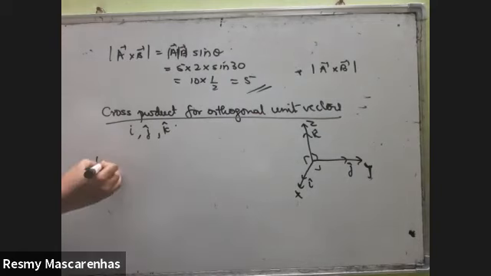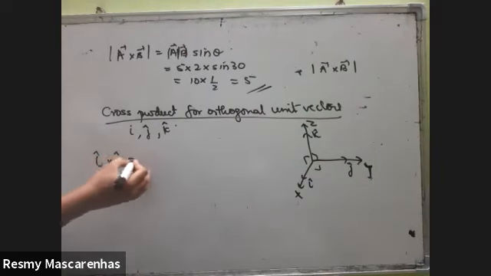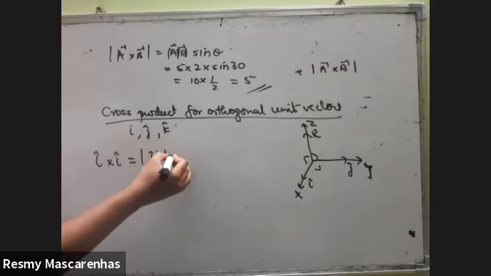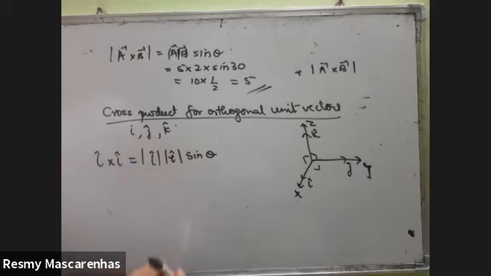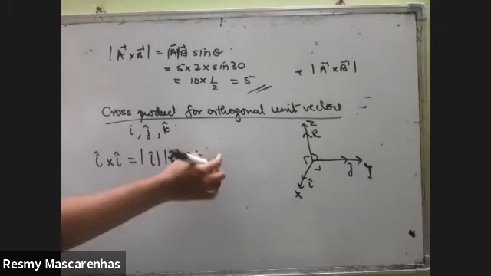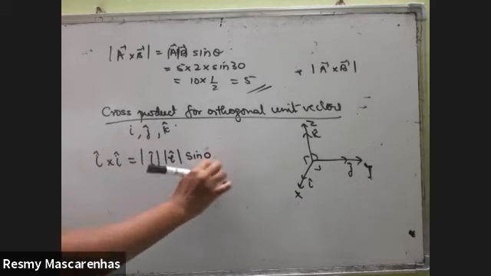So first we'll try with itself. So I cap cross I cap will be magnitude of I cap. Theta with itself will always be 0. Same letters means always 0.